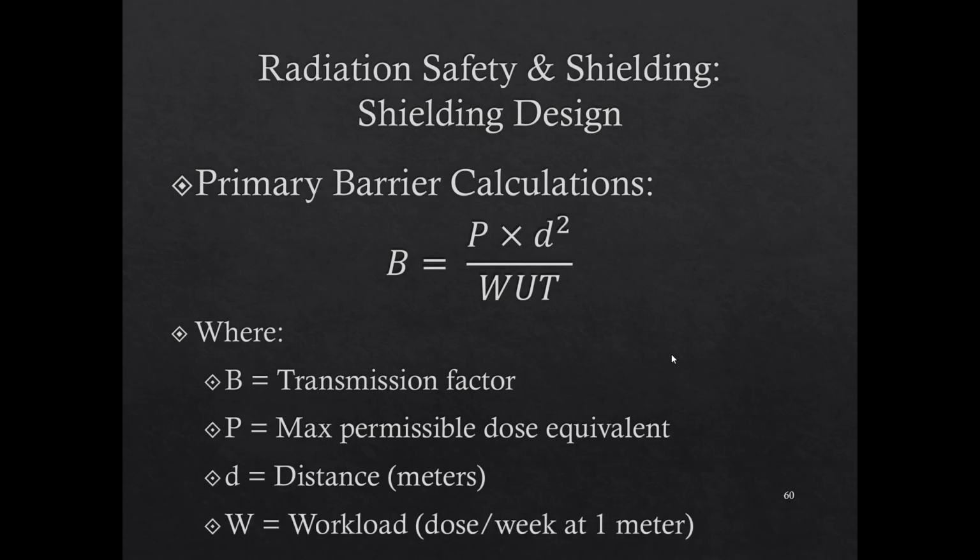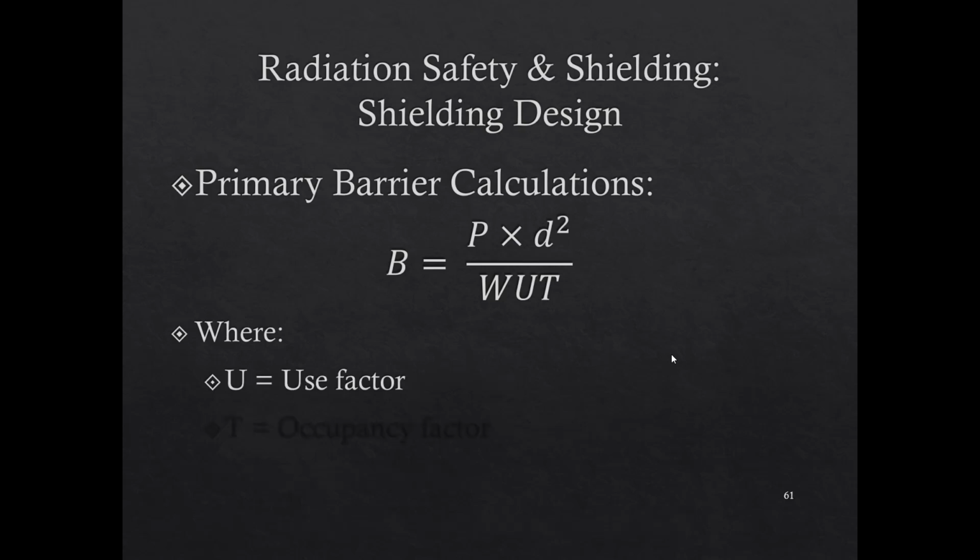And W is the workload, which is a measure of the dose per week at a meter. U is going to be the use factor, and T is going to be the occupancy factor. The use factor is going to be the fraction of the workload in which a barrier is directly irradiating, and the occupancy factor is going to be the fraction of time during which an area is occupied.